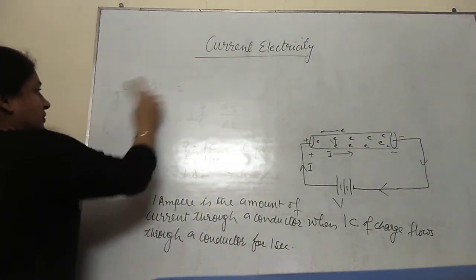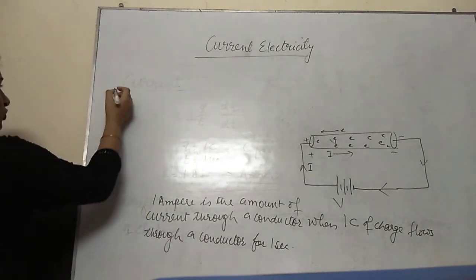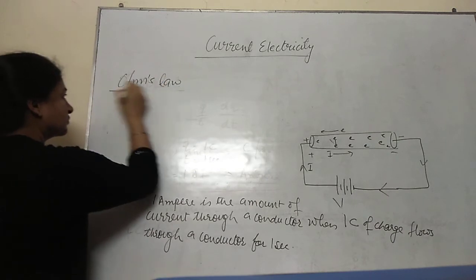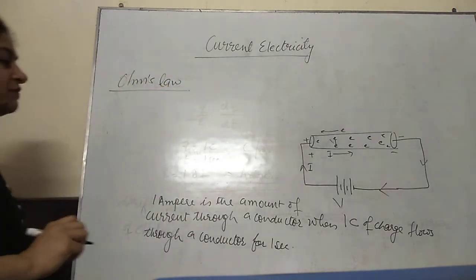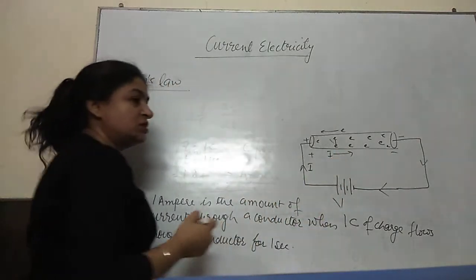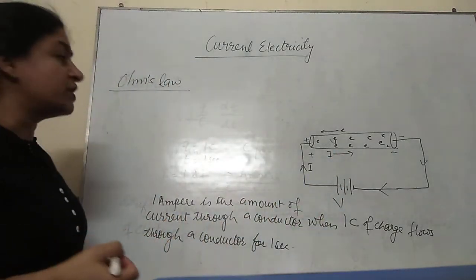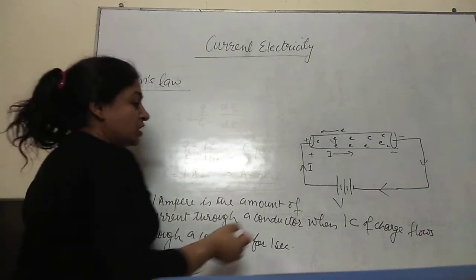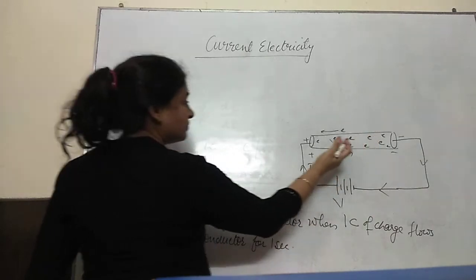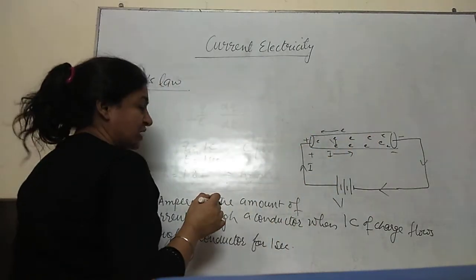Now let us discuss Ohm's law. What is Ohm's law? Now we have discussed that current will be flowing through this conductor only when a potential difference is applied. Now if you apply it, electrons are getting drifted towards the positive of the battery.